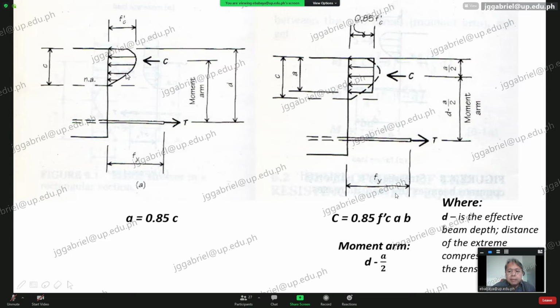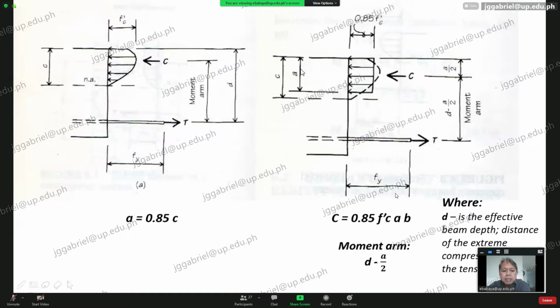In experiment, this actually is a curve, but this curve is simplified with this stress block. This stress block is called the Whitney stress block because it was Whitney who approximated this. So this stress can be simplified with this stress block using a.